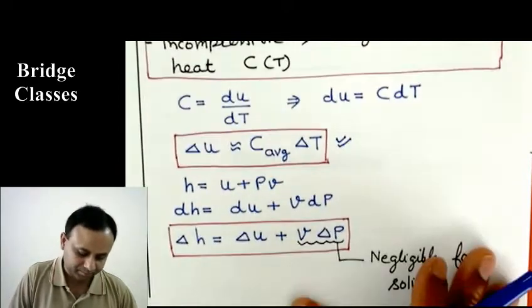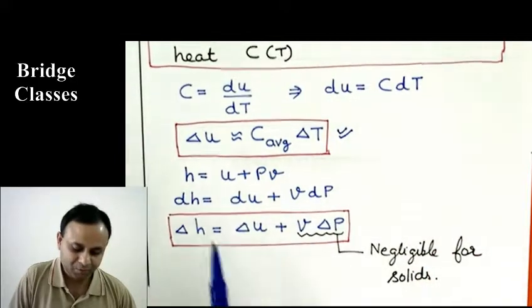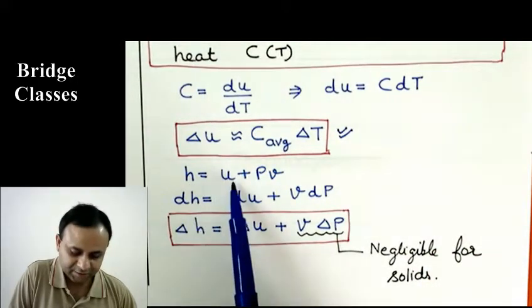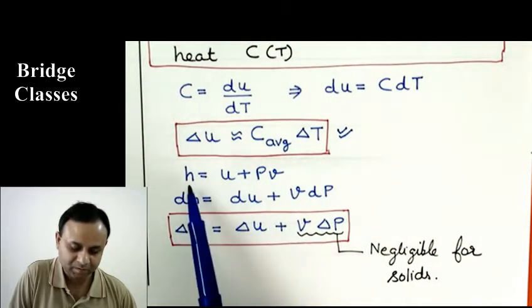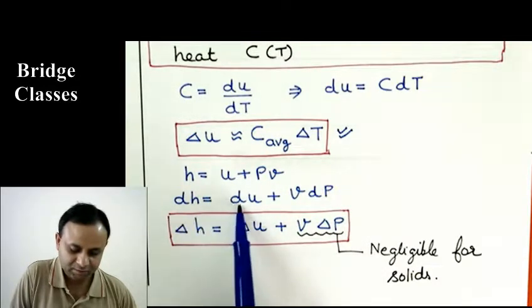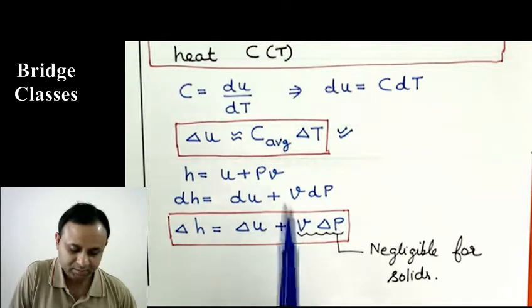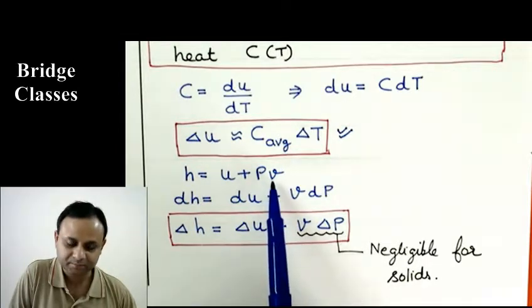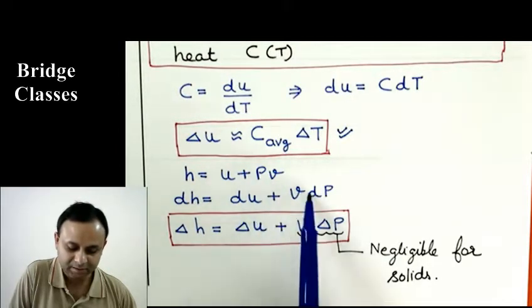And let us look at change in enthalpy now. H by definition is U plus PV. If I differentiate this, you get dH equals du plus, because V is a constant, V dP.